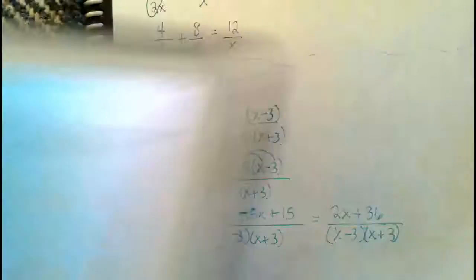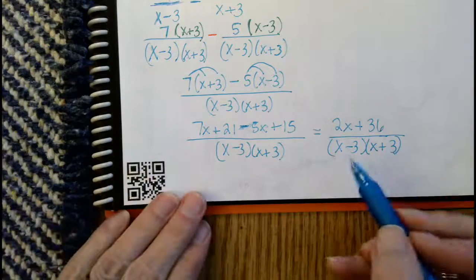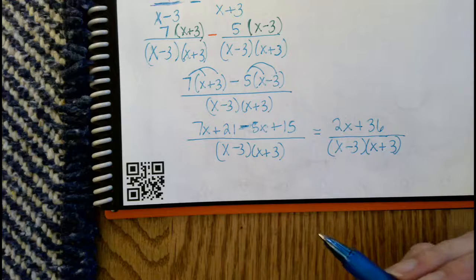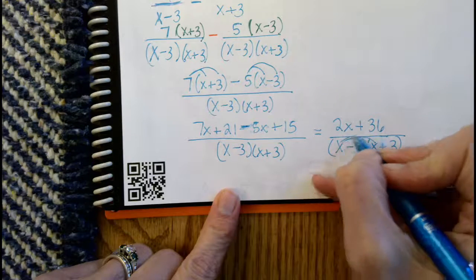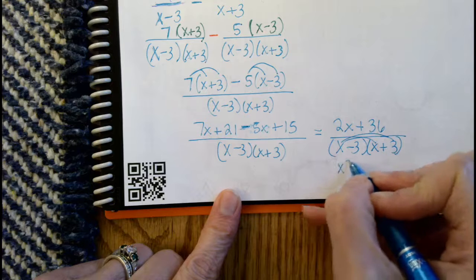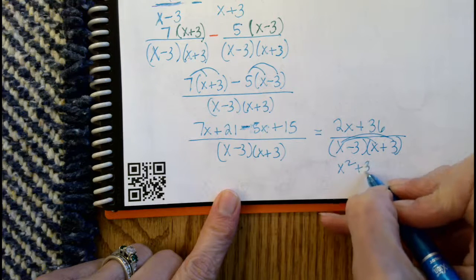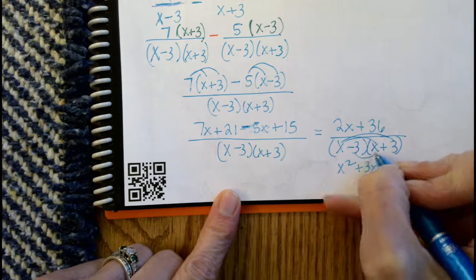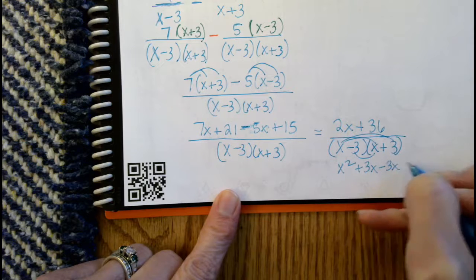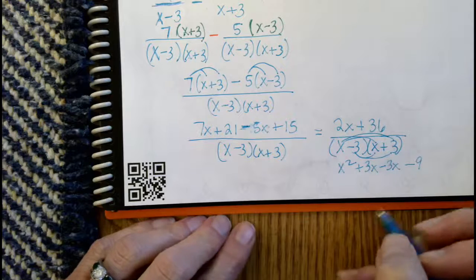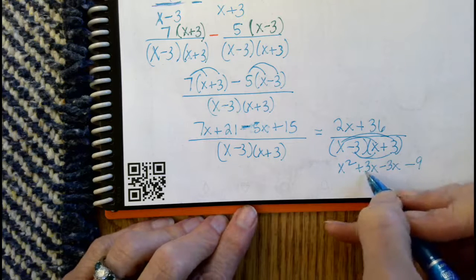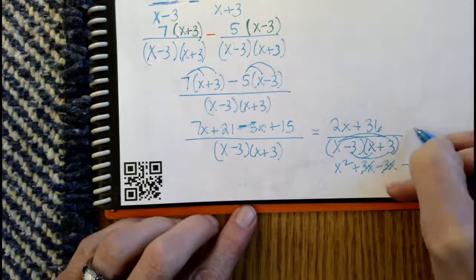So we have to go back to this problem here pretty quickly. And we just need to multiply these two out because it says x squared plus c. So if we double distribute or FOIL, we get x squared plus 3x minus 3x minus 9. And what happens is that the 3x's cancel out.